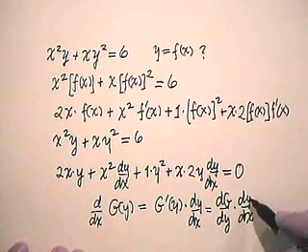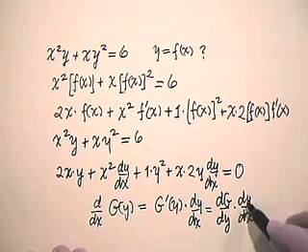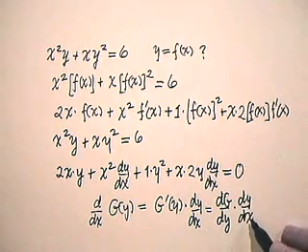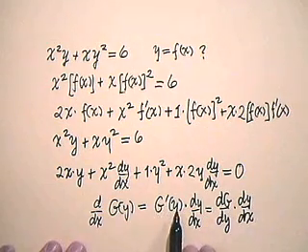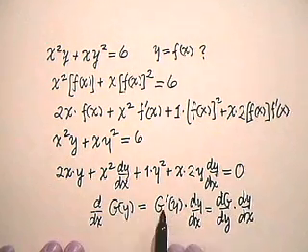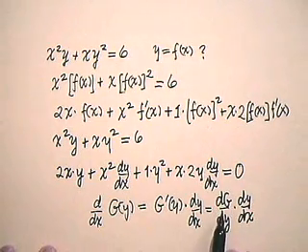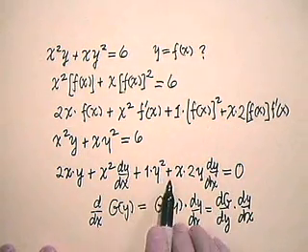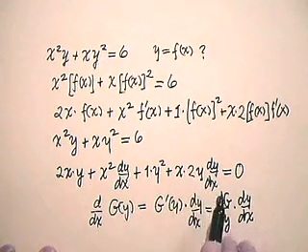Well, we don't know what y is in terms of x, and so wherever we run into having to write dy dx, we just leave it as dy dx. But if I have the expression for G in terms of y, I can actually compute dG dy, which will be an expression in y. So just like here, to differentiate y squared, we get 2y dy dx.